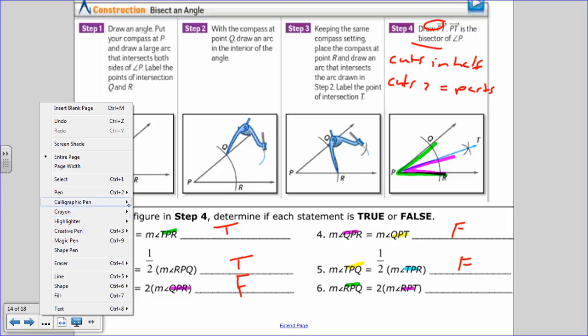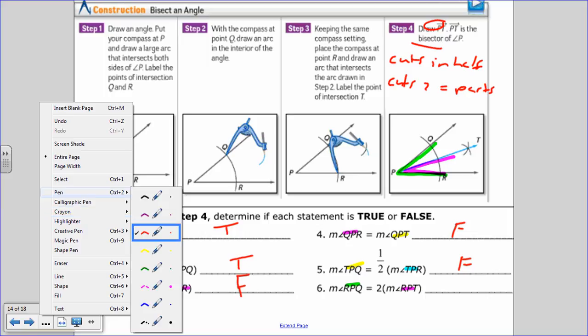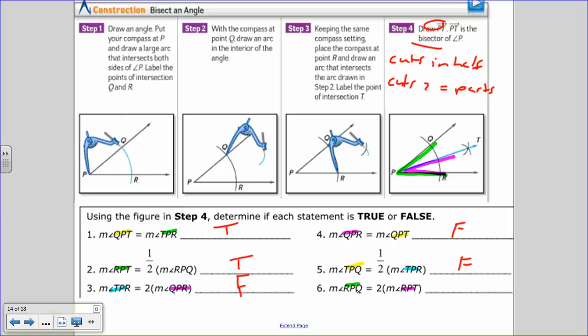So what number 6 is saying, the measure of RPQ, mama, is equal to 2 times the measure of RPT, which is baby. And that's true because mama is made up or broken into 2 babies. So if I take one baby and double it, yes, it should equal mama. So that is true.